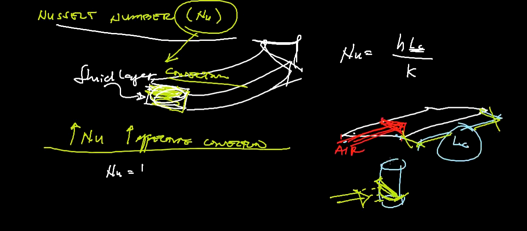But if we have a different geometry, the characteristic length of this pipe is this one, depending on the fluid flow.